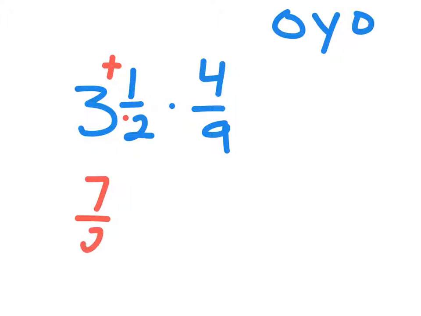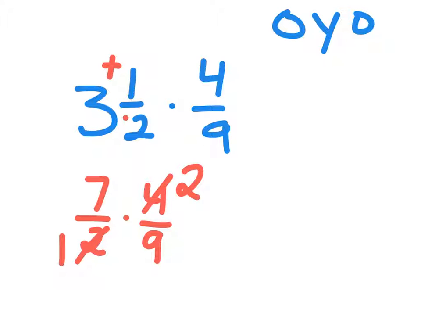Keep that same denominator. Then you're going to multiply by 4 over 9. At this point, you can look and see if you can cross cancel. 2 goes into 2 one time, and 2 goes into 4 2 times. Then you multiply your numerators. 7 times 2 is 14.